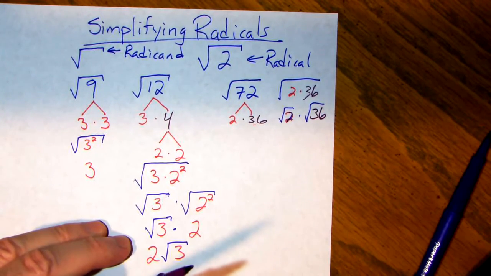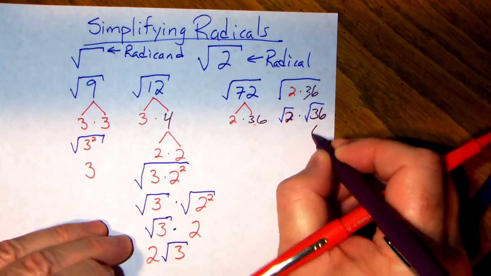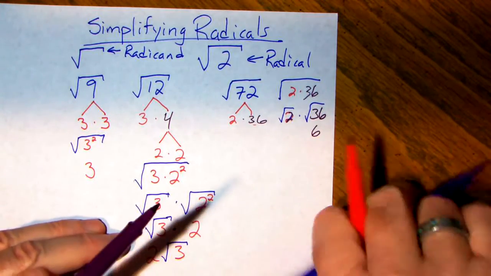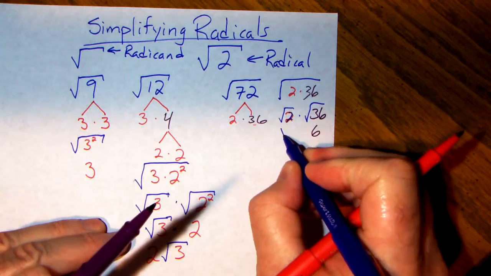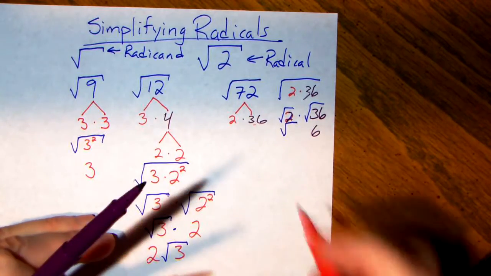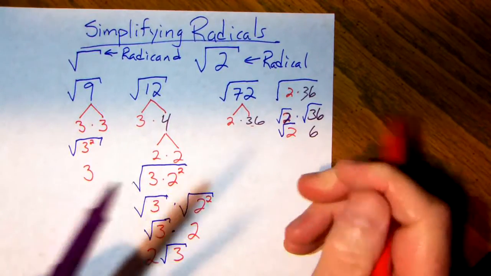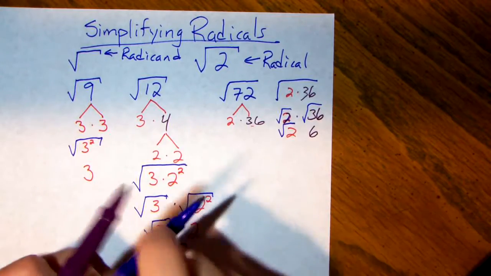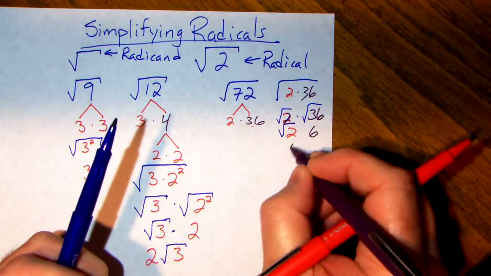Square root of 36 is 6. Square root of 2, nothing being squared underneath it, so we can't simplify that at all. And so we get 6 root 2.